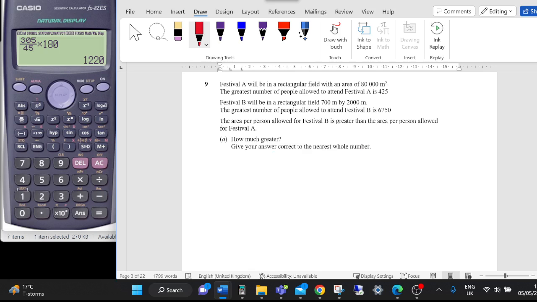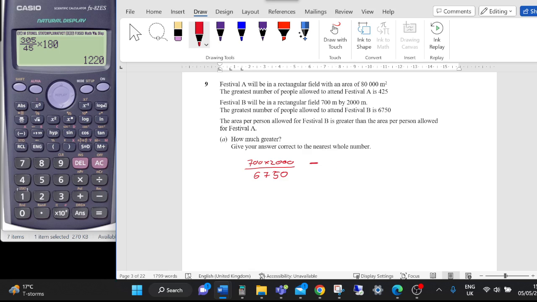So we want the area per person for Festival A is going to be 80,000. Actually, I'm going to do this the other way around. I'm going to start with Festival B. So the area per person for Festival B is going to be 700 times 2,000 divided by the number of people, 6,750. And then technically speaking, I can do this as a single sum.